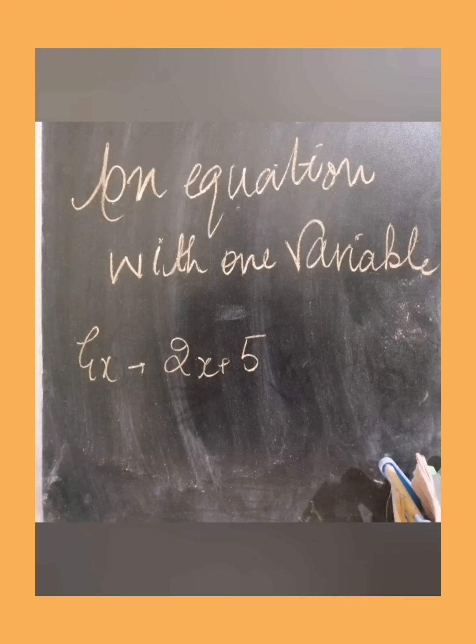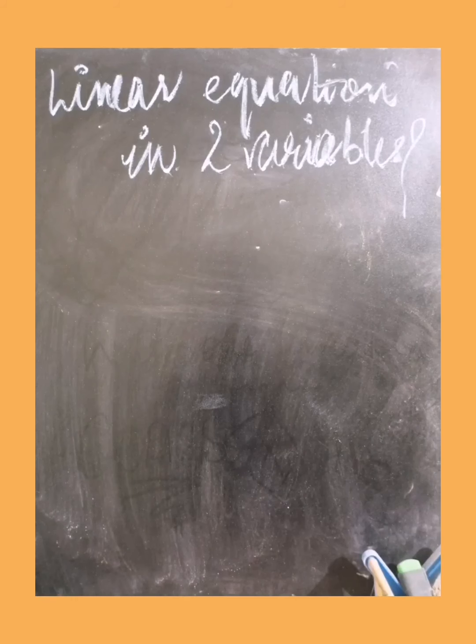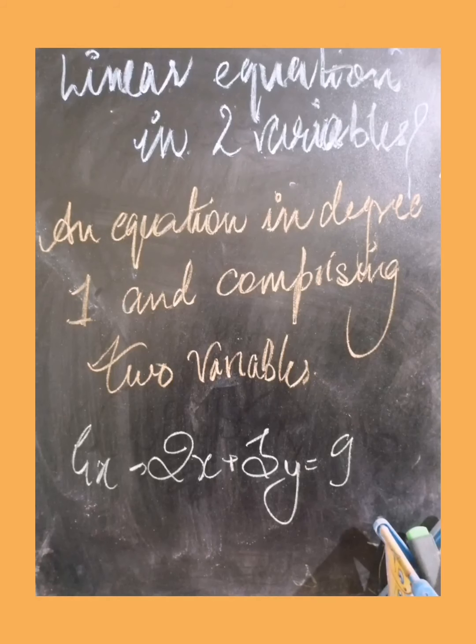Now we will learn the linear equation in two variables: an equation with degree 1 and comprising two variables. For example, 2x plus 3y is equal to 9 is a linear equation in two variables. There are two variables x and y, and it is a linear equation because it has maximum degree 1.